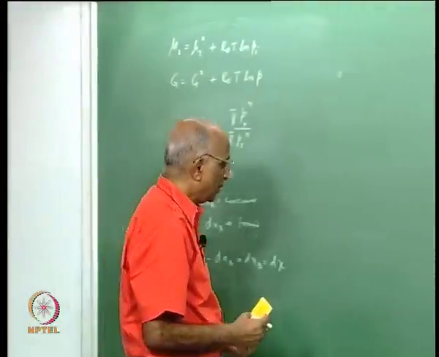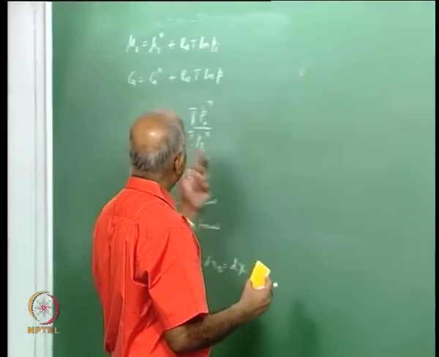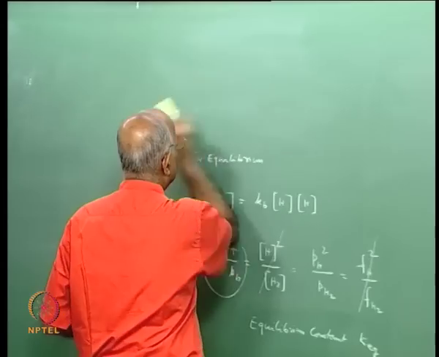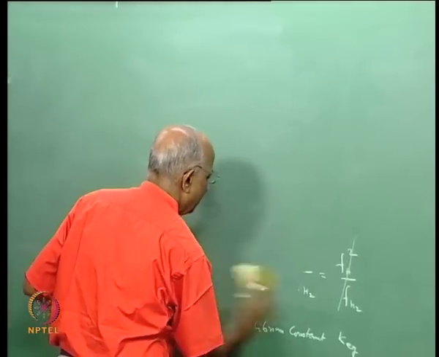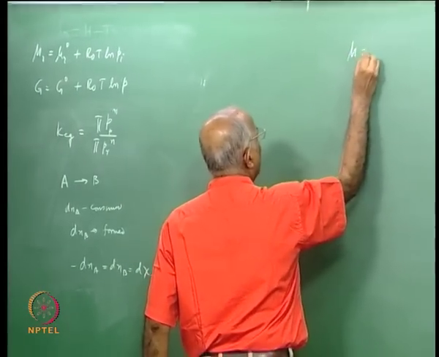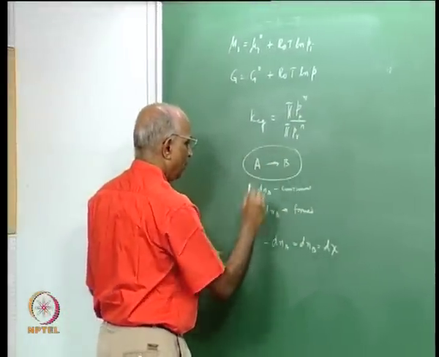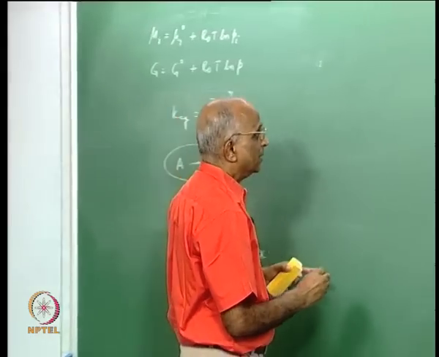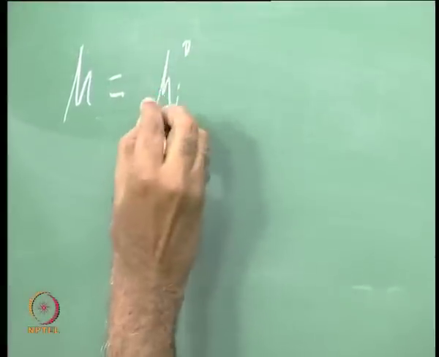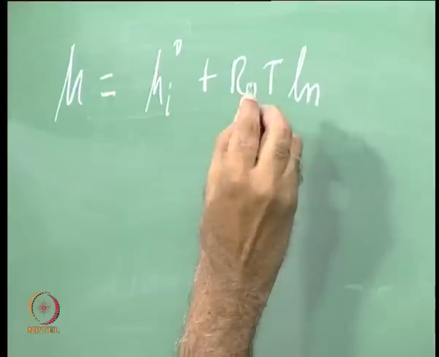Therefore let us write the value for this particular reaction. Let's put the value in terms of the chemical potential. Now what is the value of the summation of mu? Mu for the species A and B put together is going to be, for dNA getting formed, mu I plus R naught T into ln of Pa.